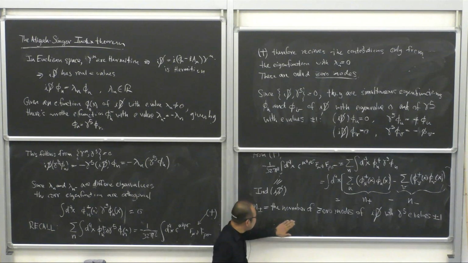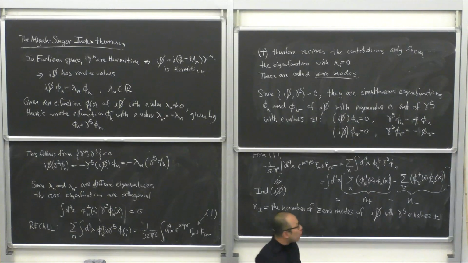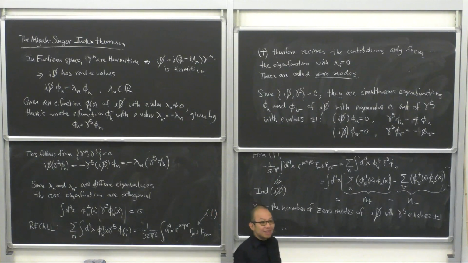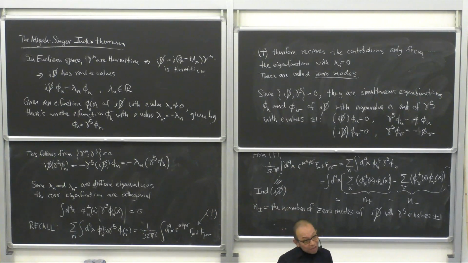I wouldn't call it a classical statement because, well, okay, classical in which sense? In the sense that d mu j5 mu is classical? I wouldn't say so.